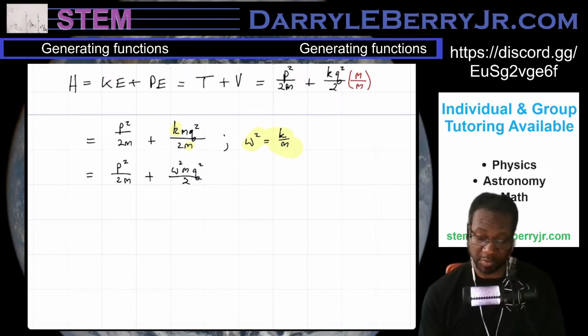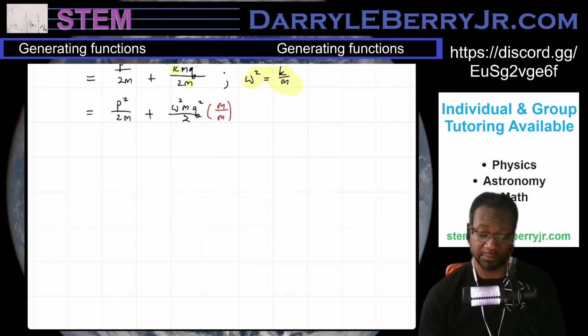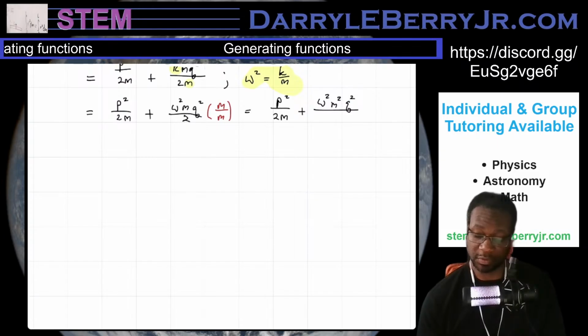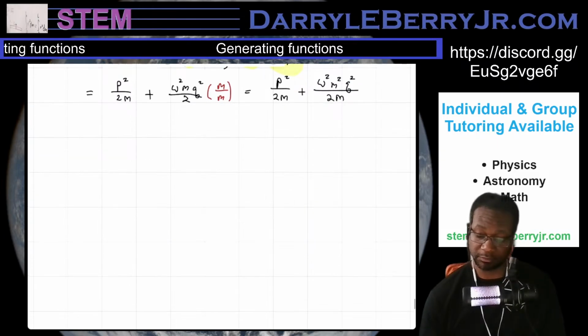And I'm going to multiply by another M over M, so we have to multiply by M squared over M squared. So that becomes momentum squared over 2 mass plus omega squared M squared Q squared over 2M.